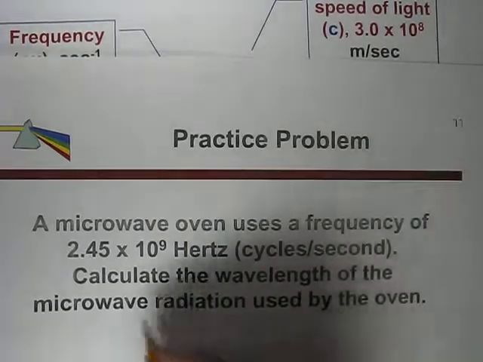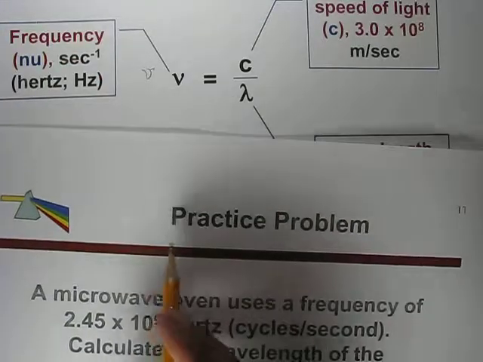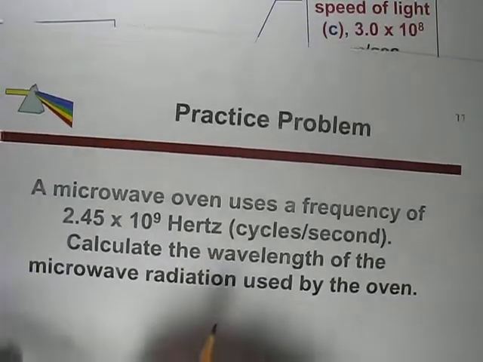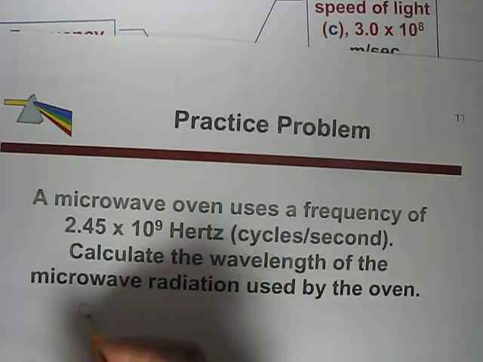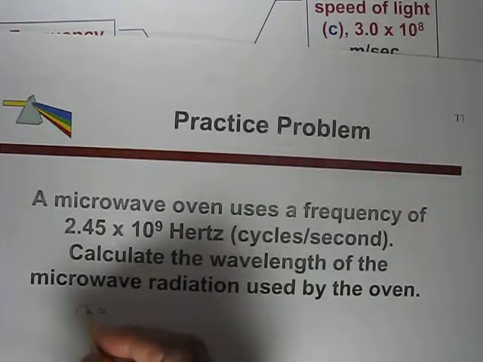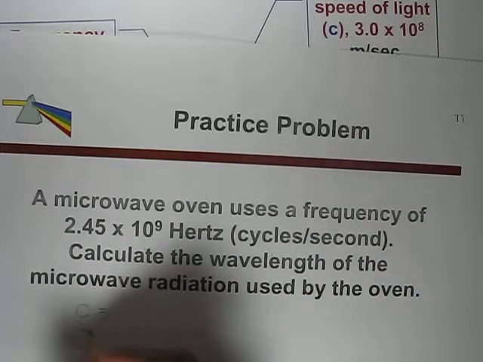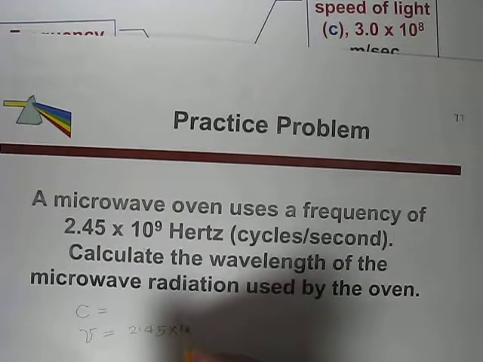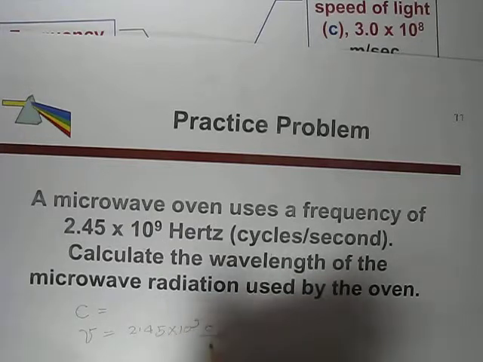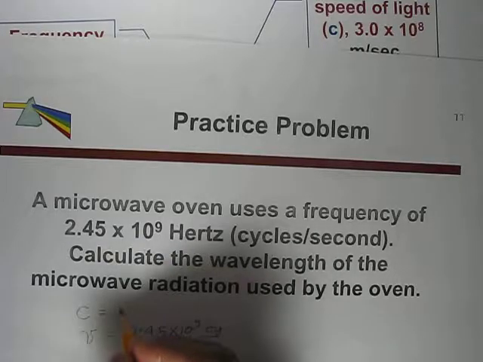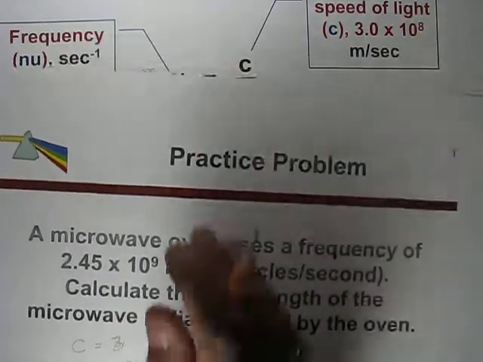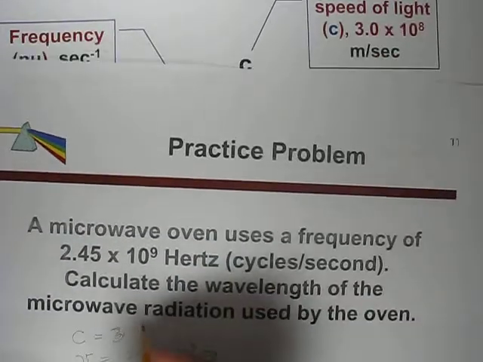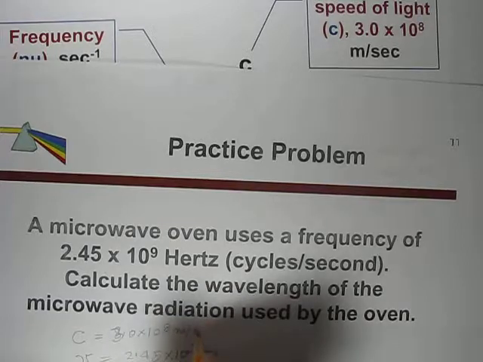So how to solve this question? You can see they have given the frequency, which is nu, 2.45 times 10 to the power 9 cycles per second, and c is the speed of light, 3.0 times 10 to the power 8 meters per second.